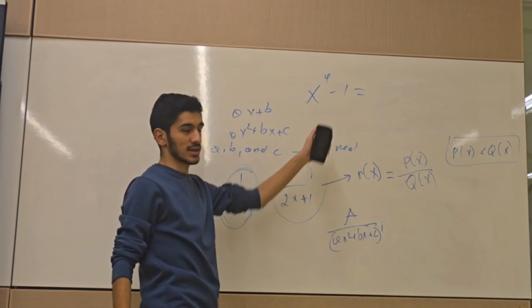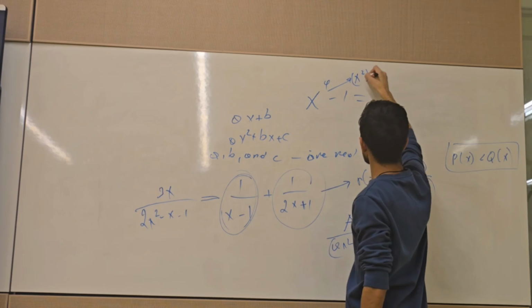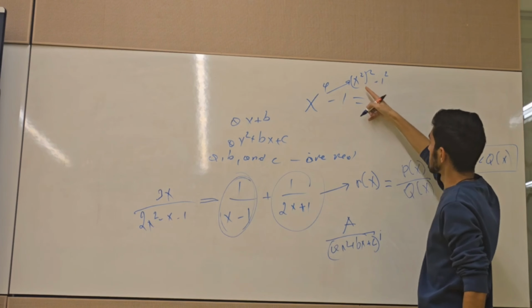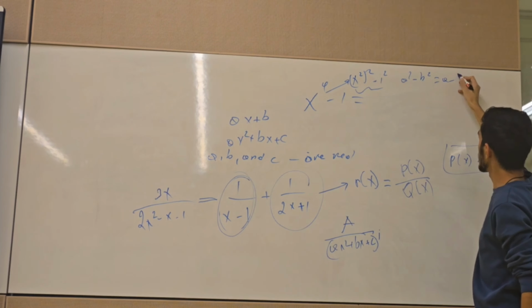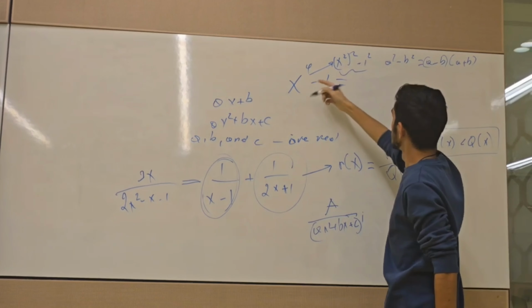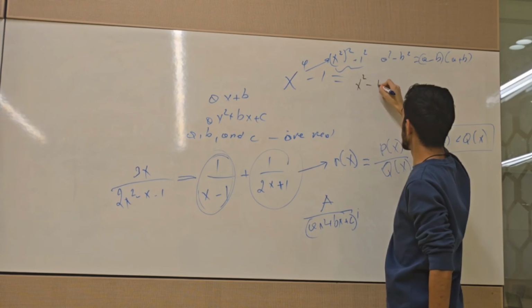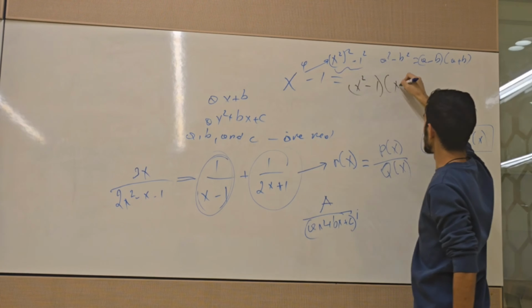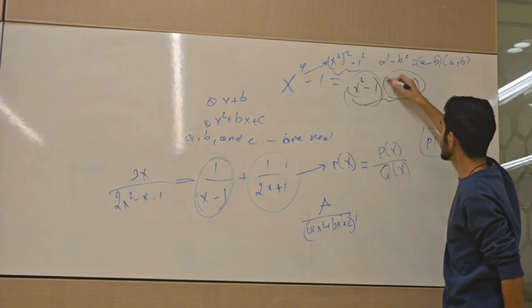How do you solve that? We know it's x squared minus 1 squared. So we know the formula a squared minus b squared, which is a minus b times a plus b. In this equation we write x to the power of 2 minus 1 and x to the power of 2 plus 1. As you see, these are the partial equations.